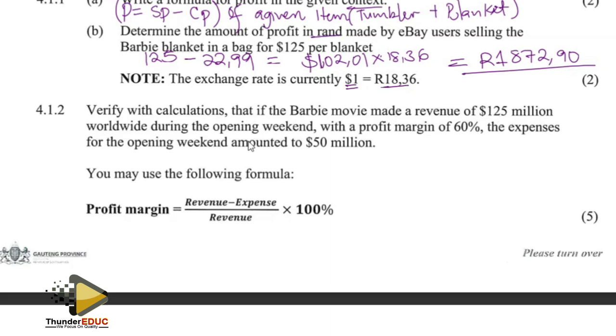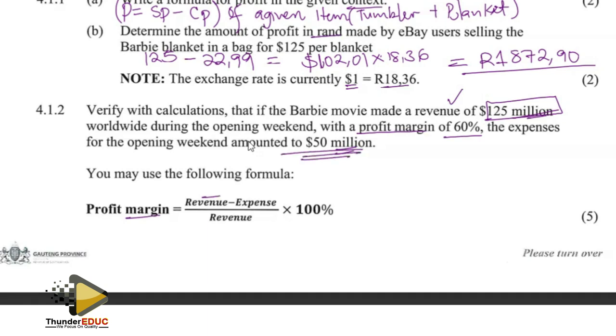Another thing I will always remind you, please don't forget, don't expand these values. Leave them the way they are. All we are interested in is substitution. Now, what do we have? We have revenue. It's this much. 60% is the profit margin in a percentage format. What are we looking for? We're proving the expense was this much.